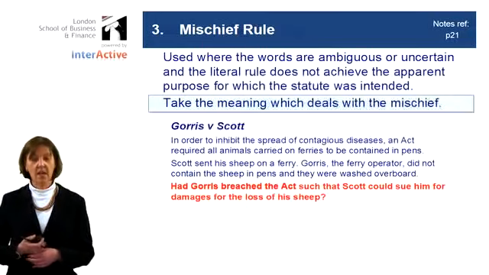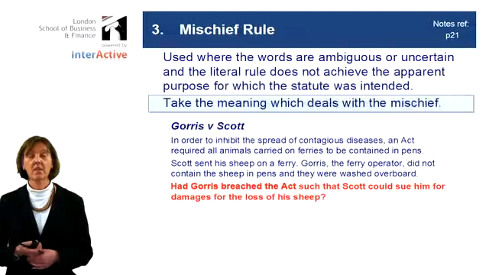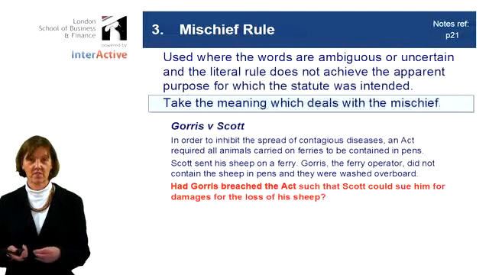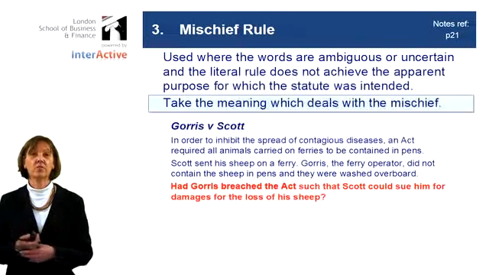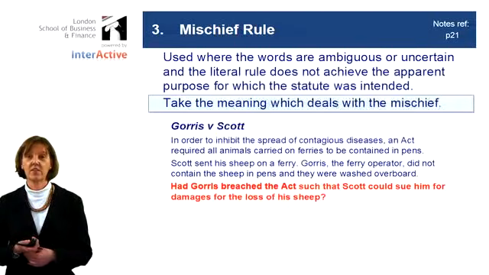And as it tells you, Scott sent his sheep on a ferry, and Generis, the ferry operator, did not put the sheep in pens. And what happened was that in rough and stormy weather, the sheep were washed overboard and drowned. So, of course, Scott wanted to sue Generis for the loss of his sheep.